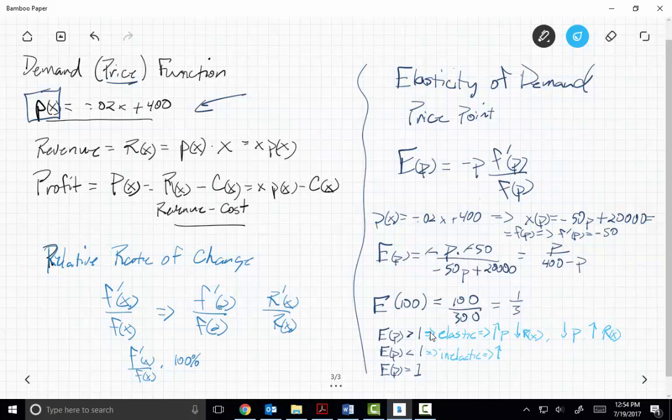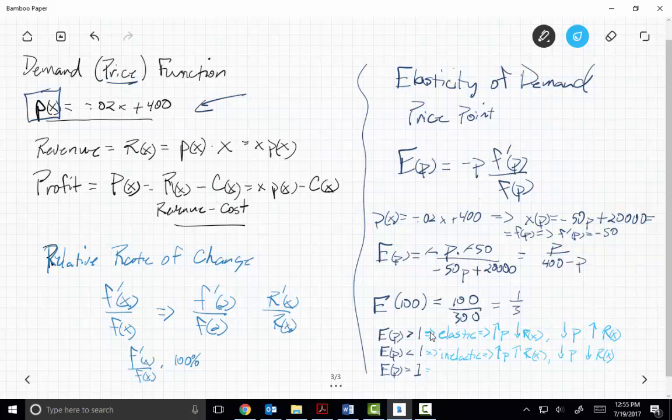So in this case, the Nintendo, I'm going to drop it $1. I'm going to drop it $2. I'm not going to drop it $40 or something like that. If it's inelastic, if I raise the price, then I raise revenues. If I lower the price, then I decrease revenues. That's bad. Don't lower your price. You need to raise the price.